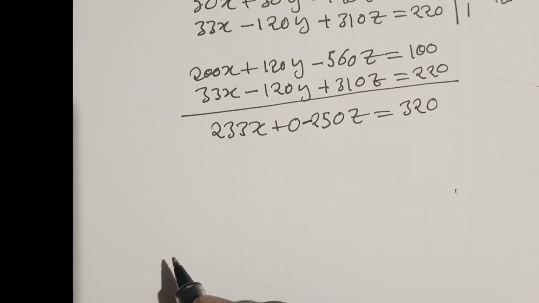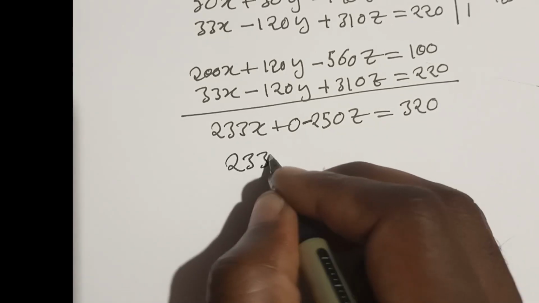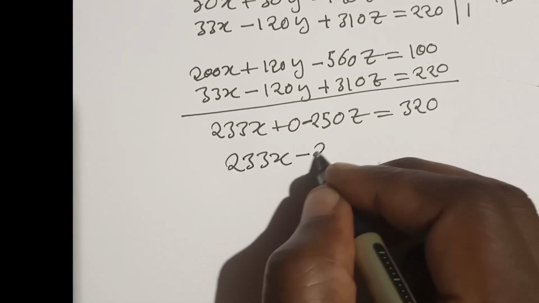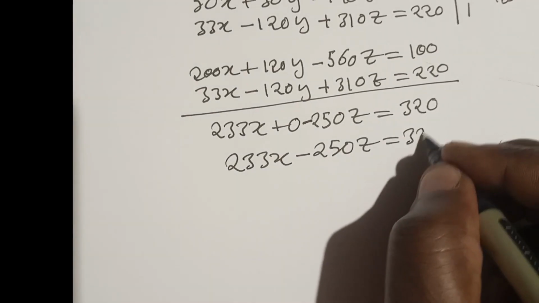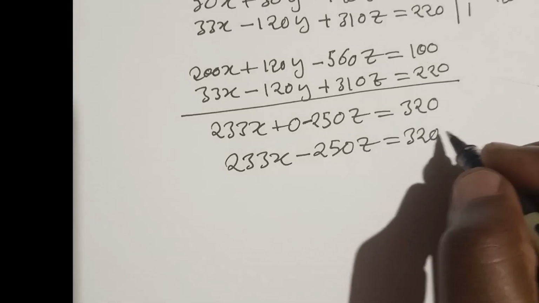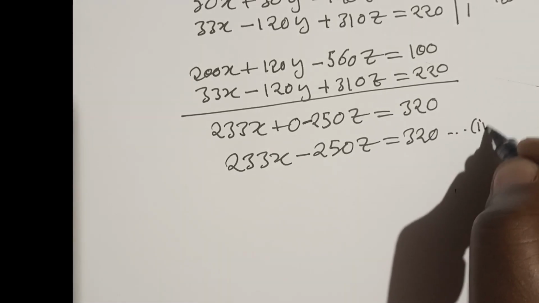So you can write this as 233x minus 250z is equal to 320. You can name this as your fourth equation.